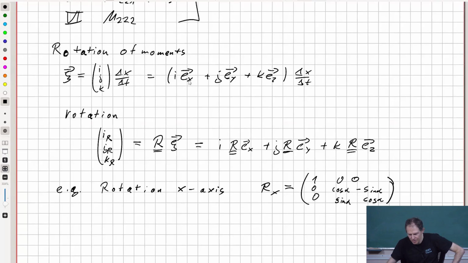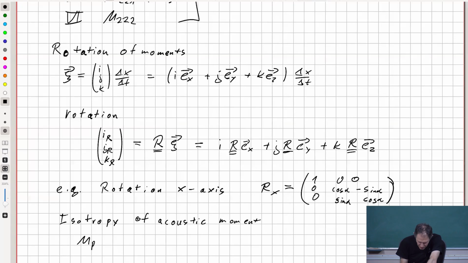So let's look at the isotropy of the acoustic moments, let's call this M_P, is the sum over i, j, and k from minus 1 to 1 of i square plus j square plus k square, times f_ijk.